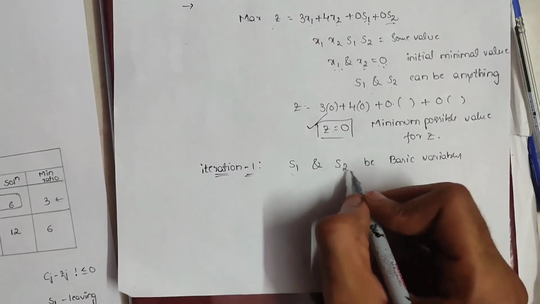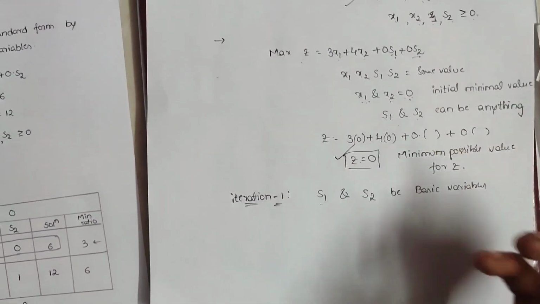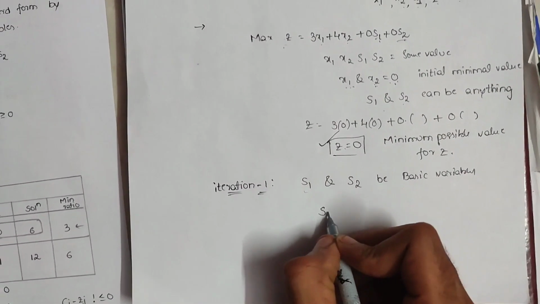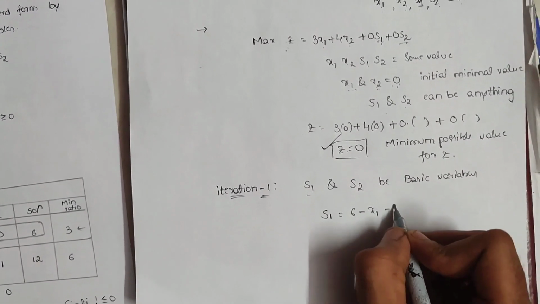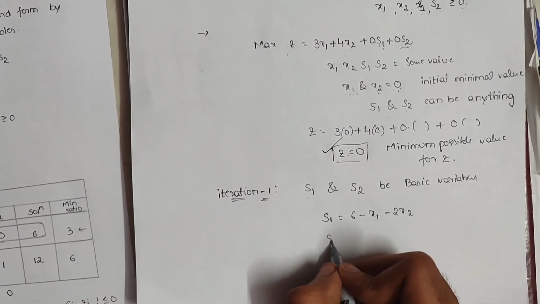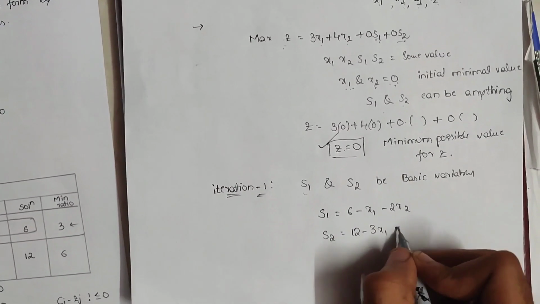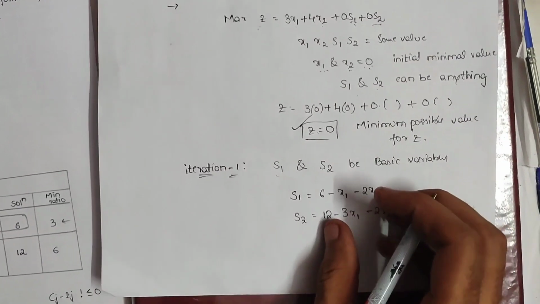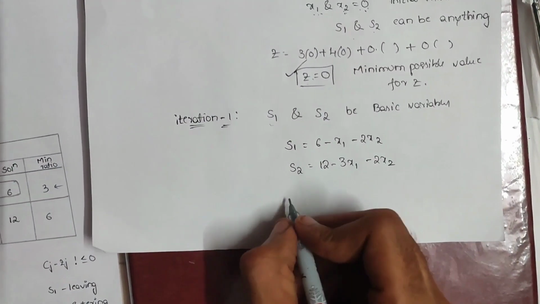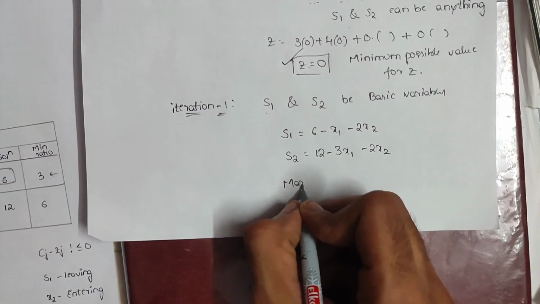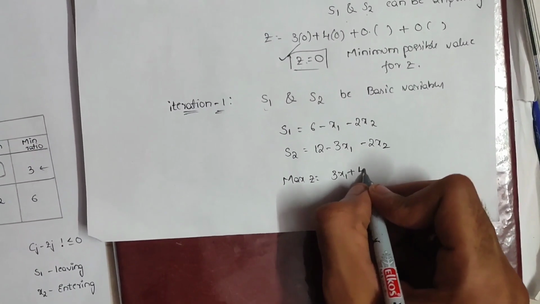So when s1 and s2 are the basic variables, we write the constraints in terms of s1 and s2, like s1 equals 6 minus x1 minus 2x2 and s2 equals 12 minus 3x1 minus 2x2, and max z equals 3x1 plus 4x2.